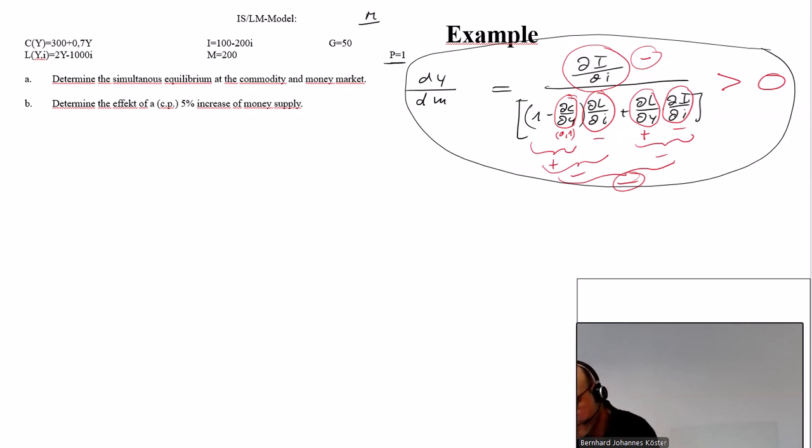So M over P is just M. And 5% times 200 is just a change of M of 10.